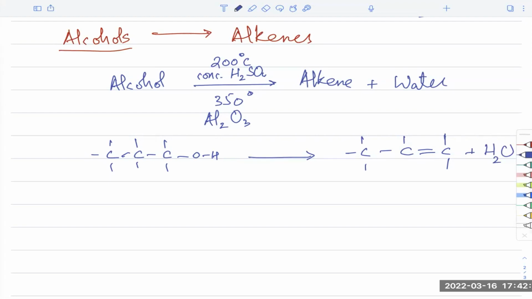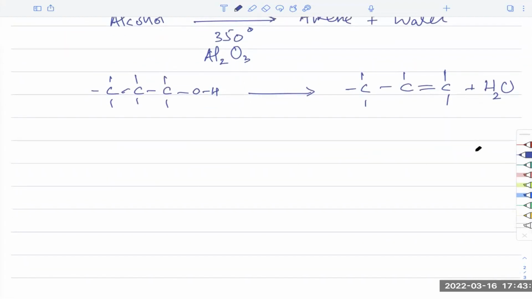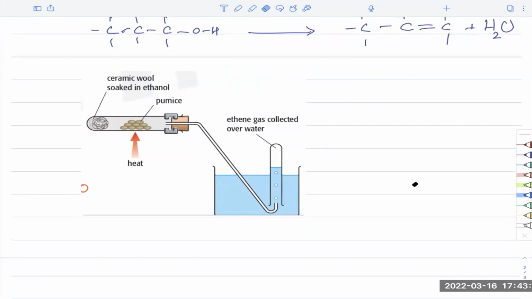Now, one diagram that the examiner usually gives us for this is this one. Let me copy it from your book. So look over here. You have ceramic wool soaked in ethanol. It is wool that ethanol is dissolved in because we want to make sure that ethanol has a larger surface area to evaporate. So it evaporates and goes over the pumice.